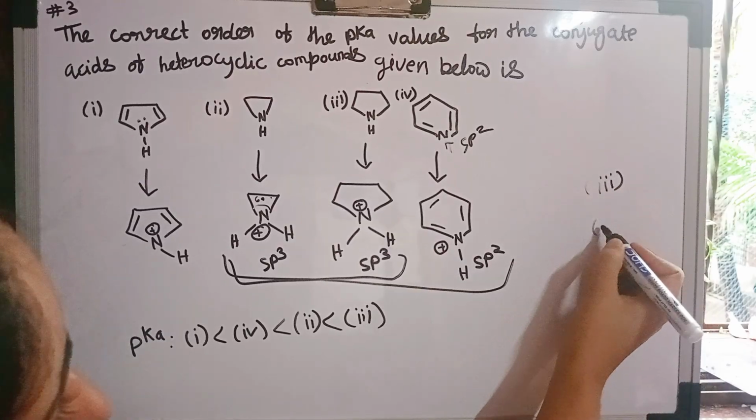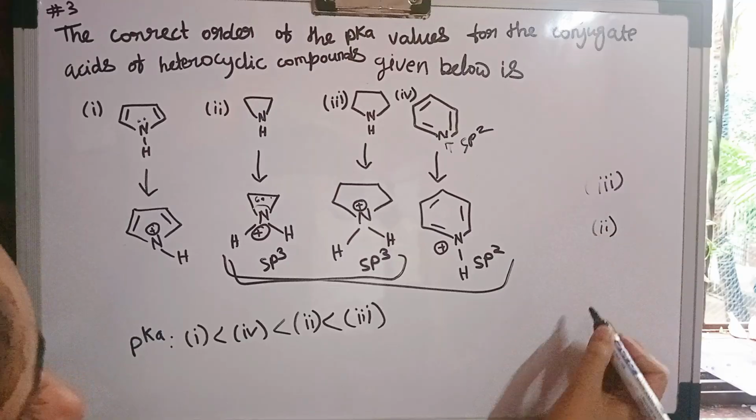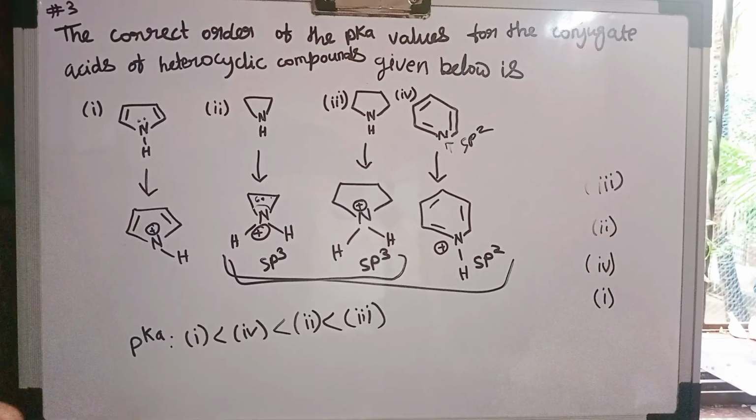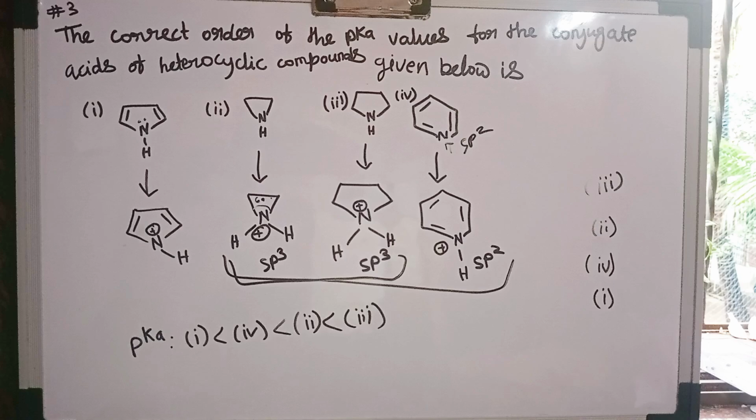After that we are going to have the second option, and after that the fourth option, and then the first option. Always remember that any molecule under any circumstances, if it is possible for it to maintain its aromaticity, is going to maintain its aromaticity.